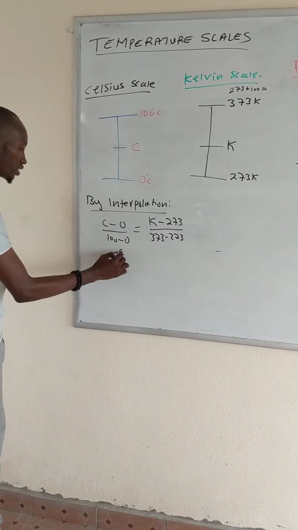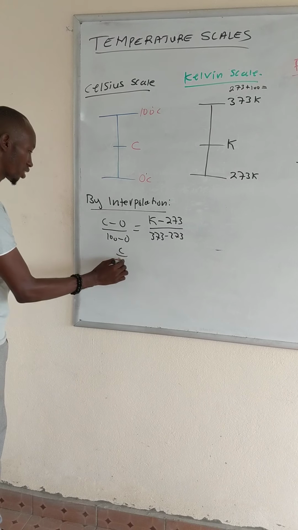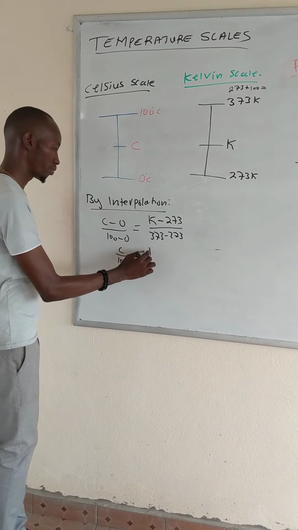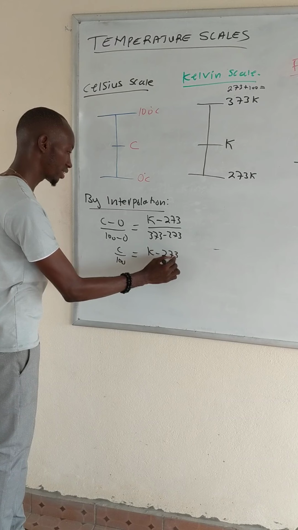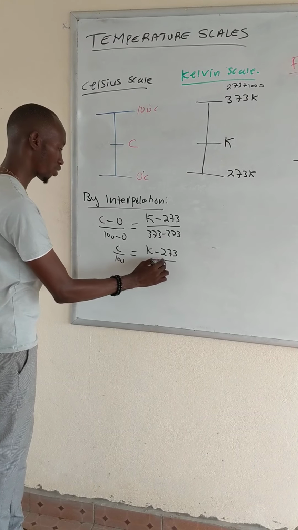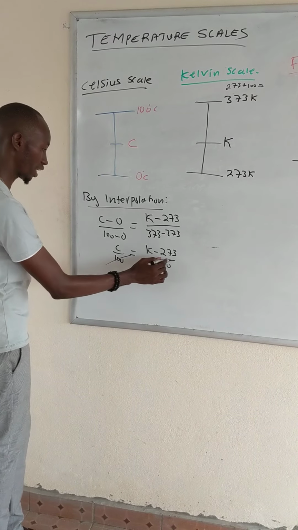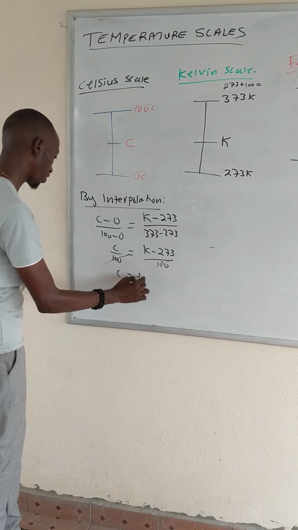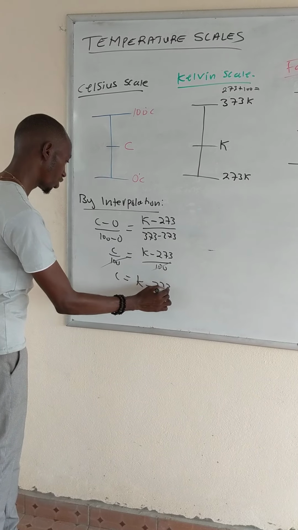C minus 0 is C, 100 minus 0 is 100, K minus 273 remains as it is, and 373 minus 273 is 100. Carefully, 100 cancels 100, therefore C equals K minus 273.